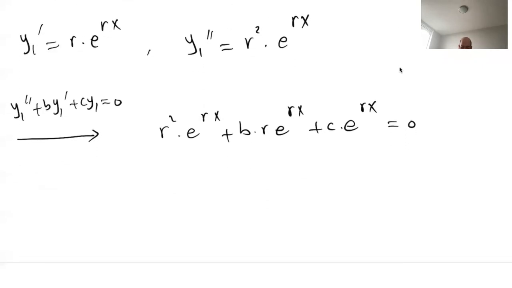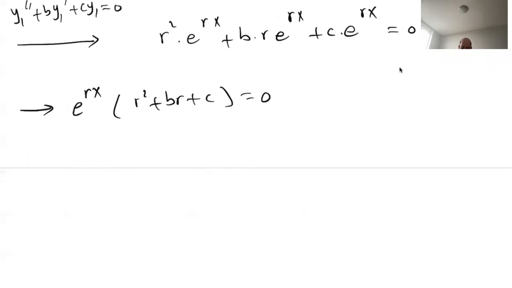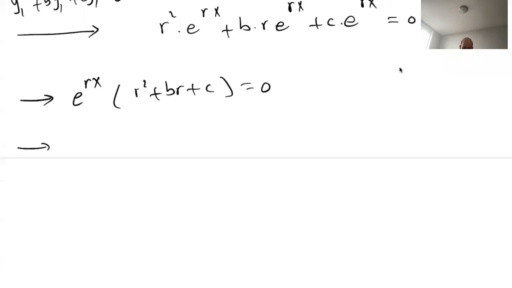Now, if I take e to power rx out as a common factor, e to power rx times (r squared plus br plus c) equals 0. And exponentials are always positive. So I can say that r squared plus br plus c must be equal to 0. Now you can see why I said that solving a second order differential equation is connected to solving second degree algebraic equations.